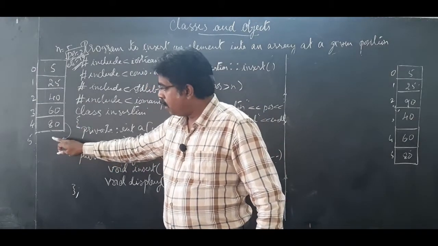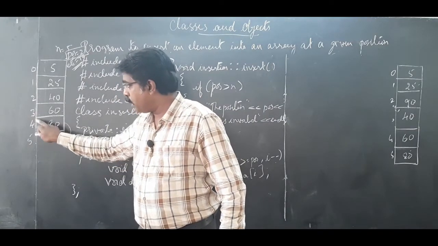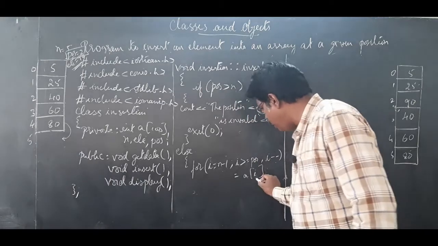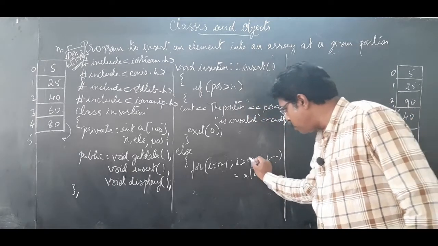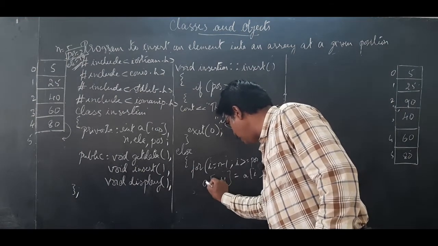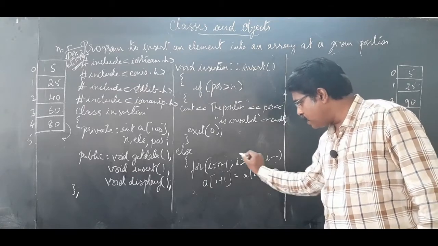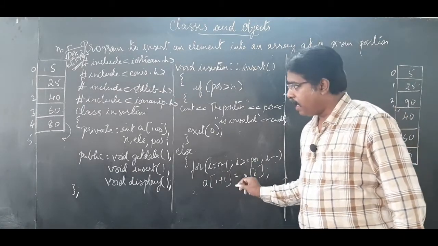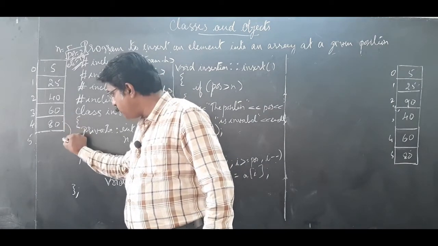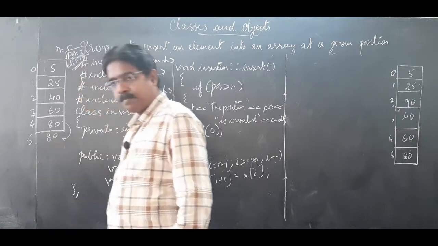What did I say? 4 plus 1. Next what? 3 plus 1, 2 plus 1. That plus 1 we are going to consider here. A of 4 has been shifted to A of I plus 1. Hence, the element A of 4, which is 80, has been shifted to I plus 1, that is 4 plus 1. So, here it moves.